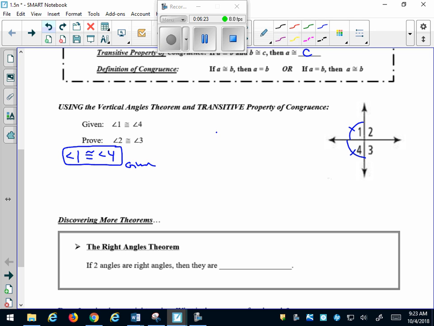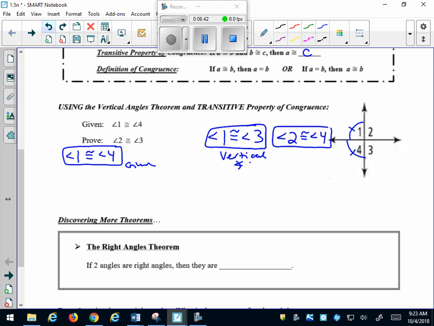So what would be congruent to what by the vertical angles theorem? 1 is congruent to 3, good. And 2 is congruent to 4, yeah. And both of those are going to have the reason vertical angles theorem, because the vertical angles theorem, like on the top of this page, said vertical angles are congruent.